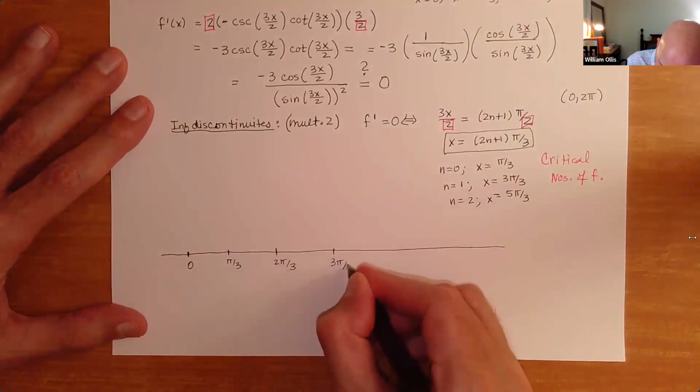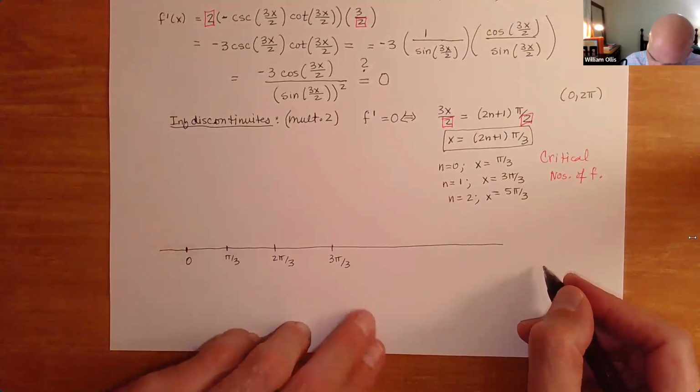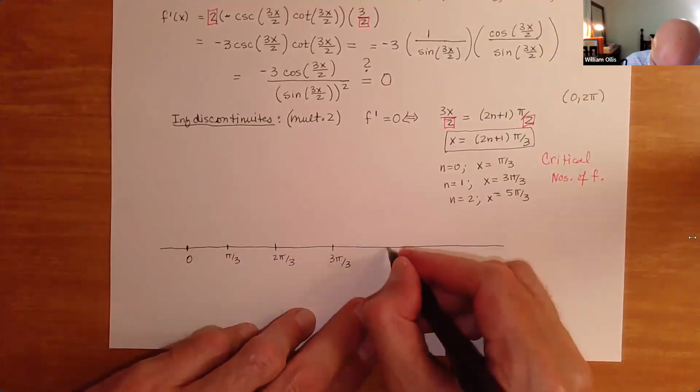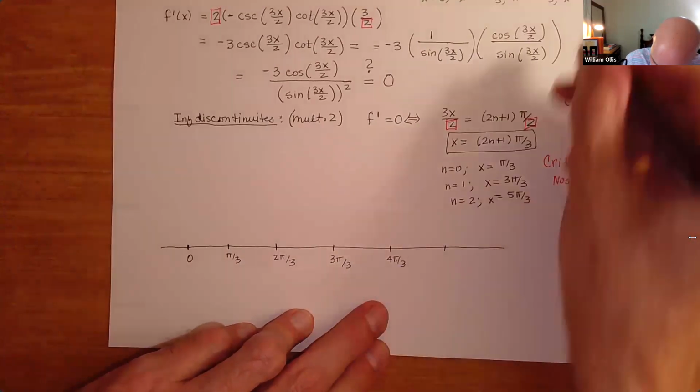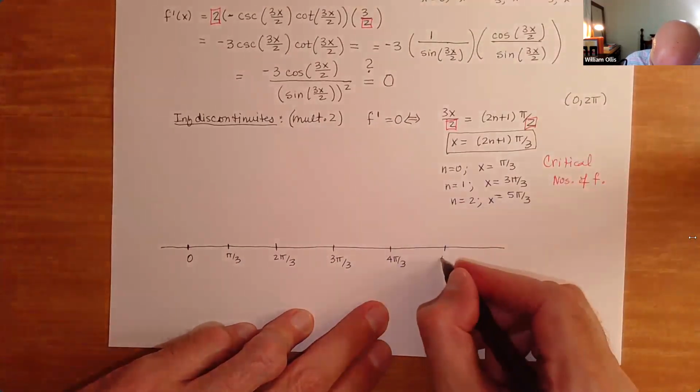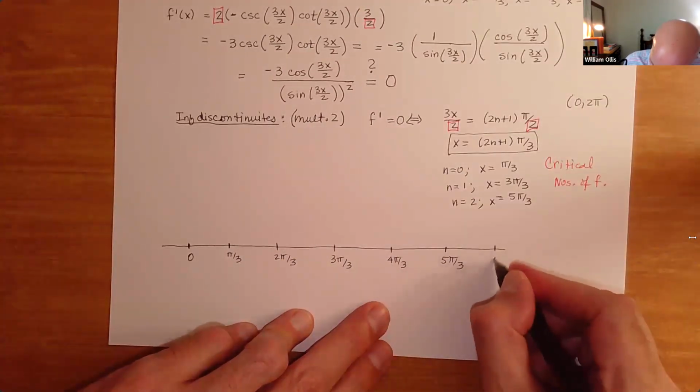Don't reduce anything. You just do like your professor said in the pre-calculus work. Don't reduce things. Keep everything with the same denominator. 5 pi over 3, and then infinite discontinuity, endpoint.